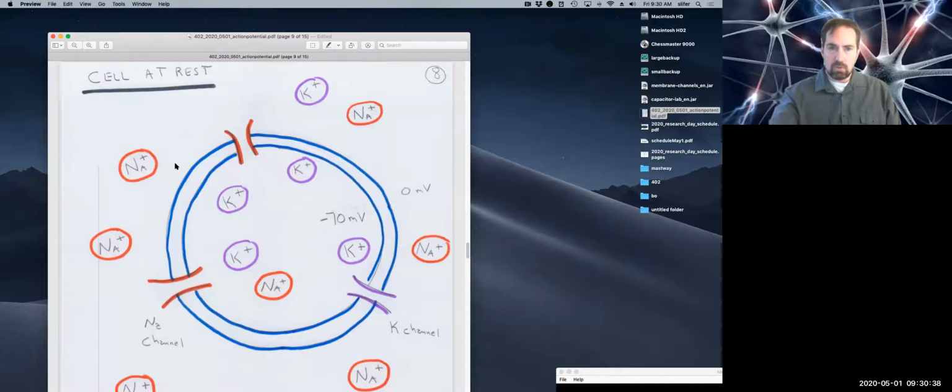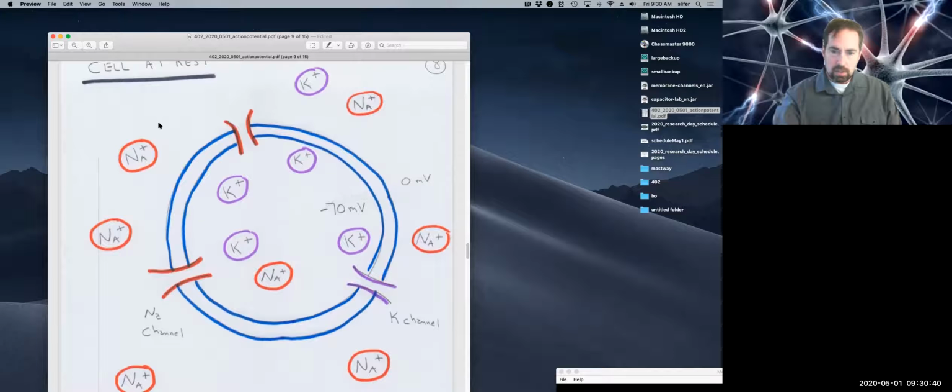Under normal circumstances, because of the discrepancy in populations of ions in and outside the cell, in particular sodium and potassium ions, we wind up with a potential difference across the cell membrane. And we saw that the cell membrane has some pretty remarkable properties, a large resistance and a large capacitance.